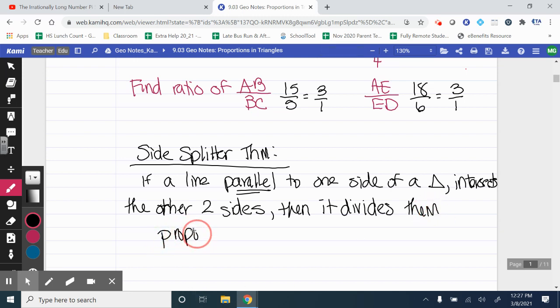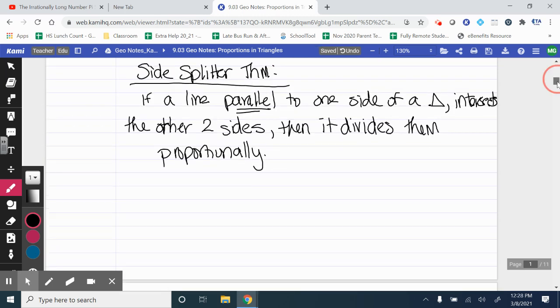So it's not saying necessarily that you have the same ratio as your ratio of your sides. Like in the one above, our ratio of our sides or perimeters was 3 to 4, but the ratio of AB to BC was 3 to 1. So we're not saying it has the same ratio as the sides, but it does divide them proportionally for this.